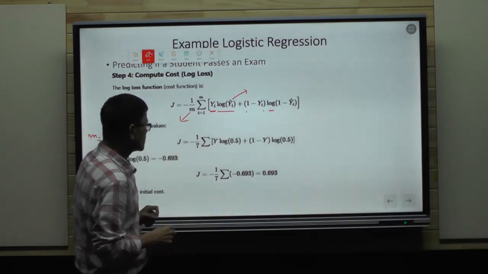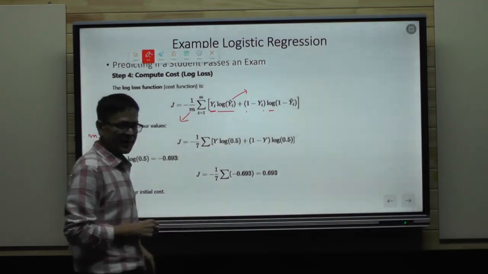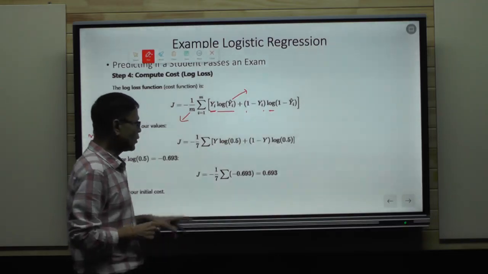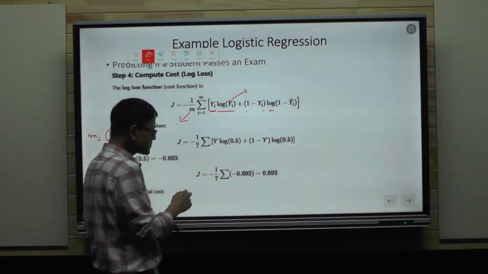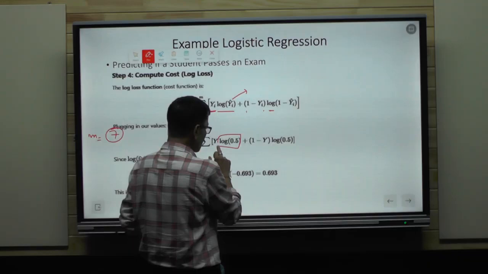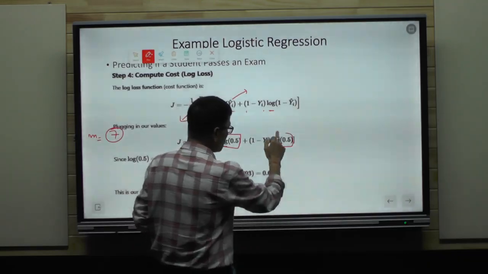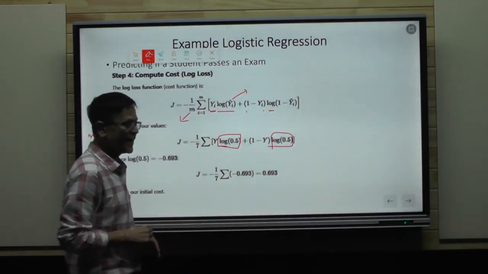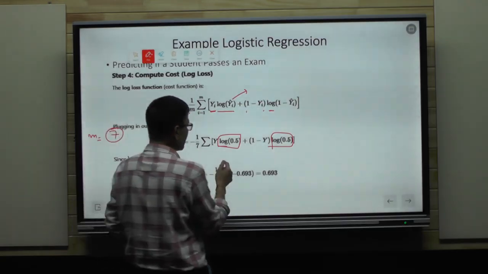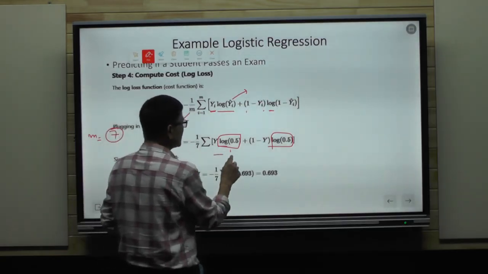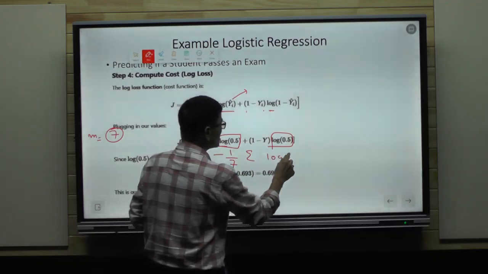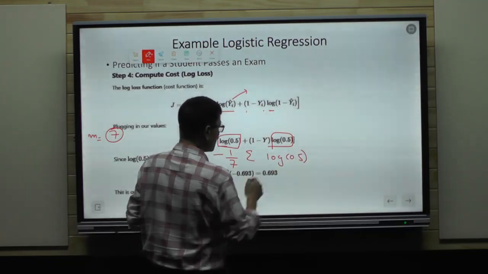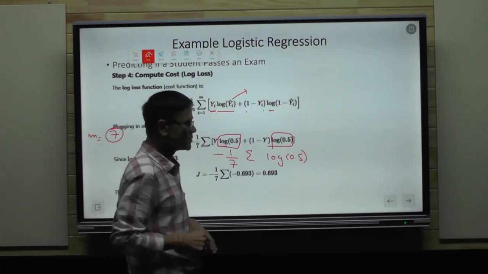So y_i is known, no issues, but over here we can use a mathematical trick. Since the factor log 0.5 is common to both terms, we can take it out common from inside the summation. So log 0.5 has been taken out.